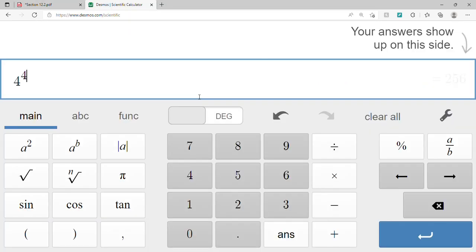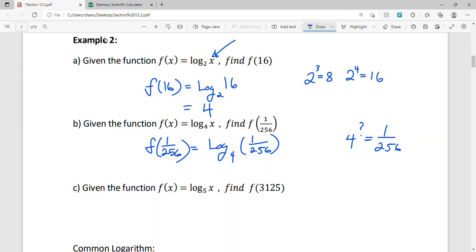Let's try 4 to the 4th, and that's 256. Using my calculator, I know that 4 raised to the 4th is equal to 256. So that means in order to get a fraction, we need a negative exponent. 4 raised to the negative 4 gives us that fraction 1 over 256.